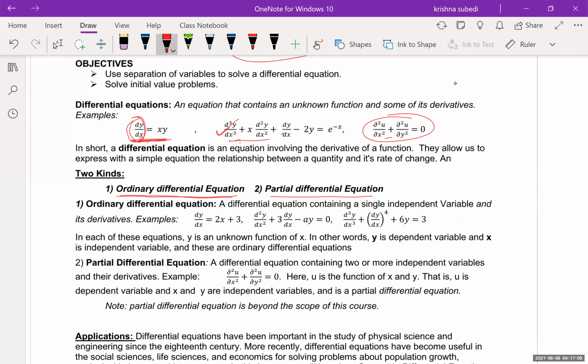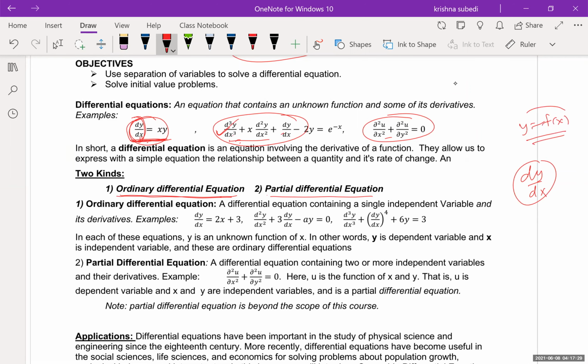An ordinary differential equation is an equation of this type, first and second, where we have dy over dx. What it means is we are talking about a function of one variable, something like y equals f of x.